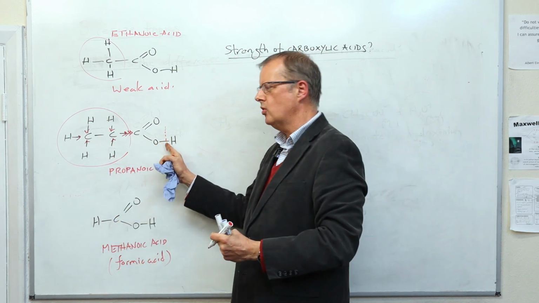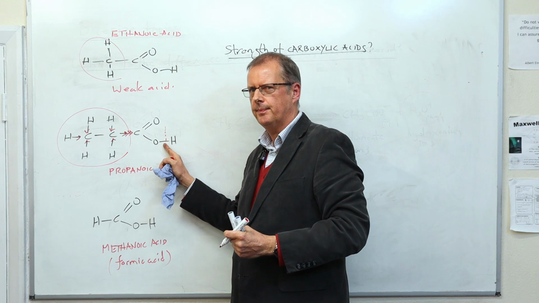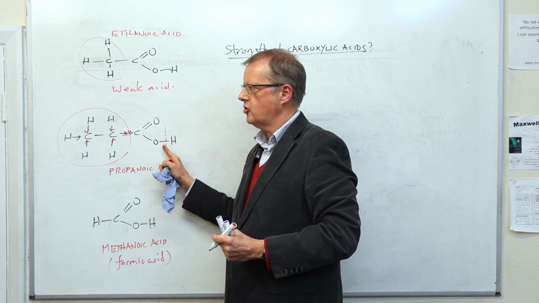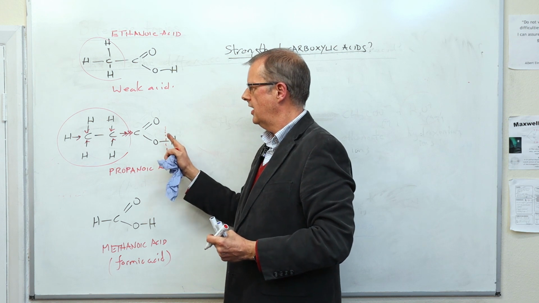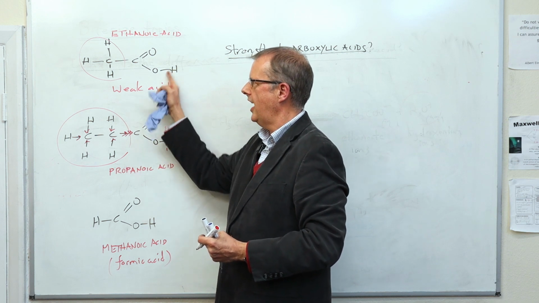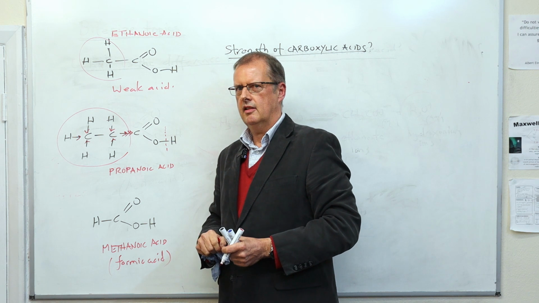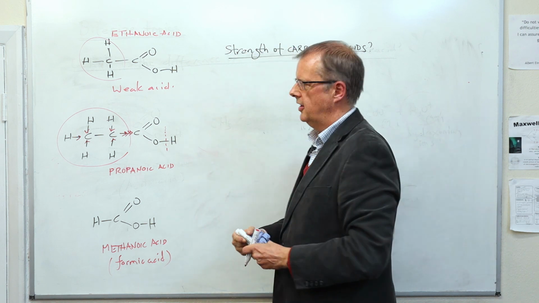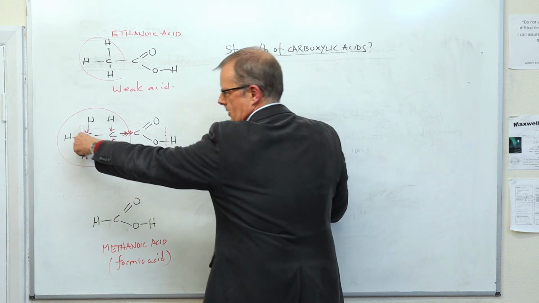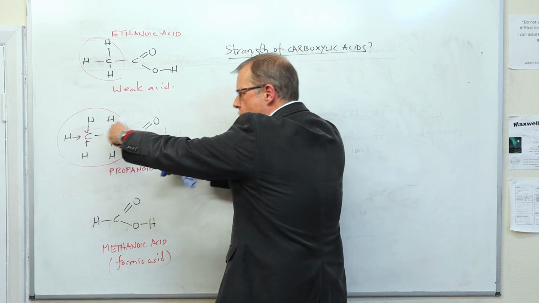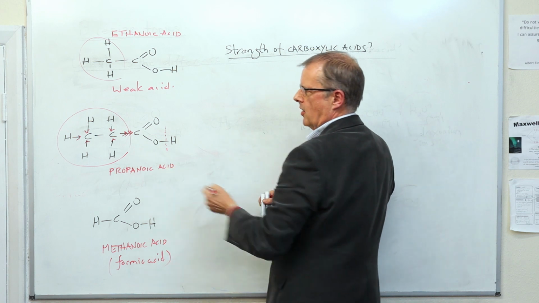They're reinforcing that bond and making it stronger. So the immediate question is, which will be the stronger bond, in propanoic or in ethanoic? If you think about that for a second, the bond will be stronger in the propanoic acid because more electrons are being pushed down, reinforcing that bond.